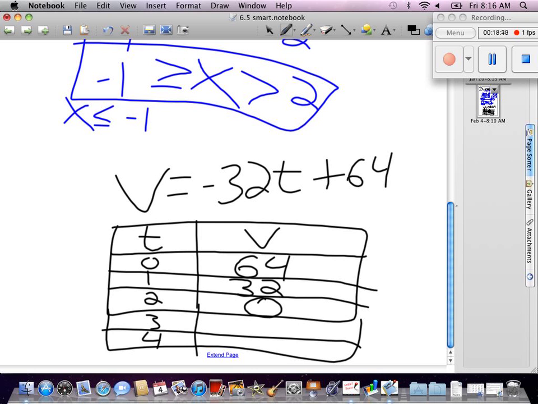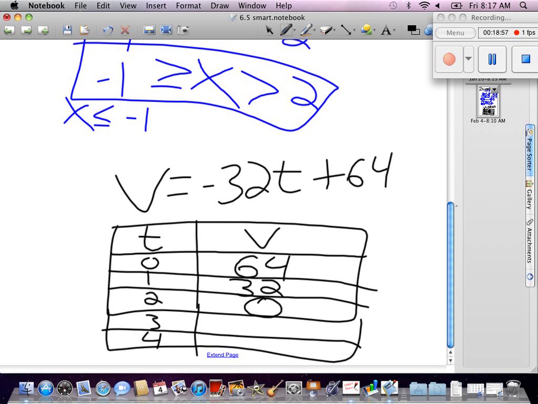Okay, that means at 0 seconds, it's going 64 feet per second in the air. Okay, it's a ball going straight up in the air. After 1 second, it's only going 32. After 2 seconds, it's going 0, which means now it's going to start falling.